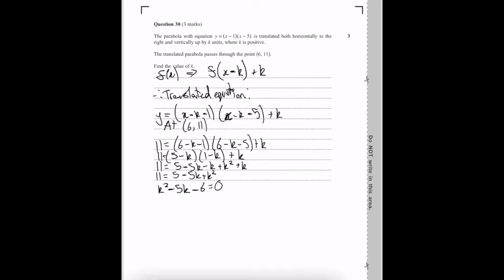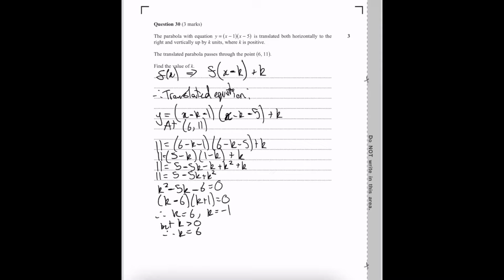If we factor this, we can say it's k minus 6, k plus 1 equals 0. Therefore, k equals 6, k equals minus 1. But we know that k is greater than 0. Therefore, k is equal to 6.